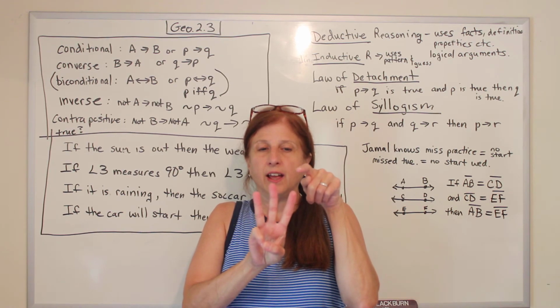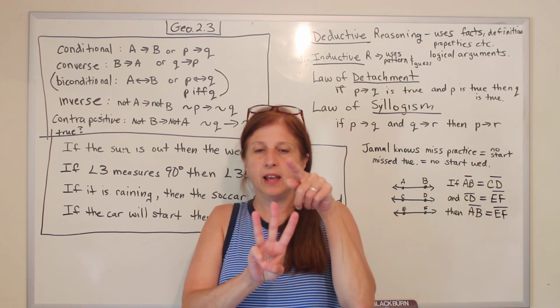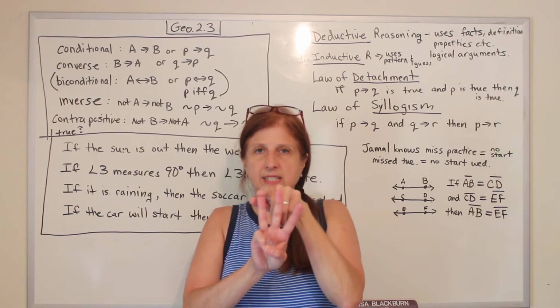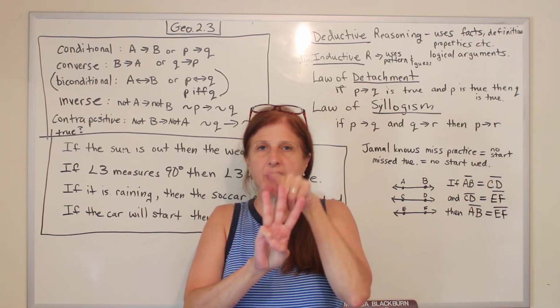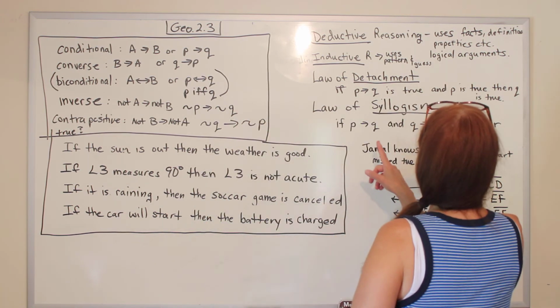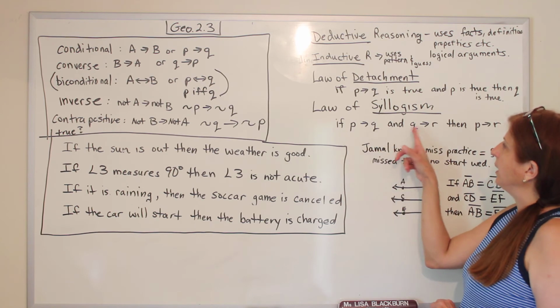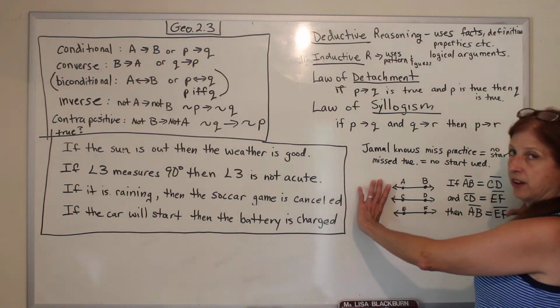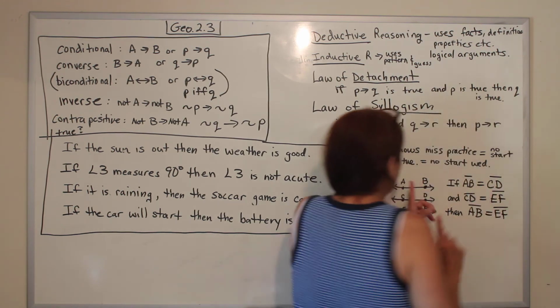If A then B, and if B then C, then A then C. Let me explain to you what that means, okay? If P then Q and Q then R, then P then R. So I'm going to show it to you down here with this one, okay?